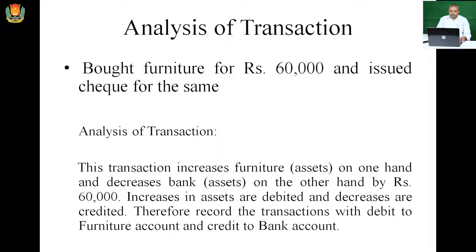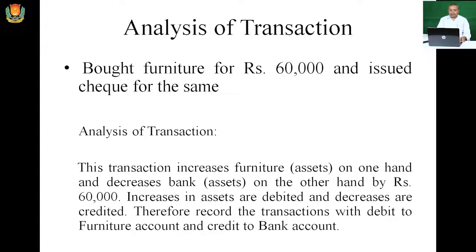Here is an example in which furniture has been purchased for rupees 60,000, and the supplier of the furniture has been paid by issuing a check. From the modern approach, we have analyzed the transaction and found that this transaction increases an asset, which asset?